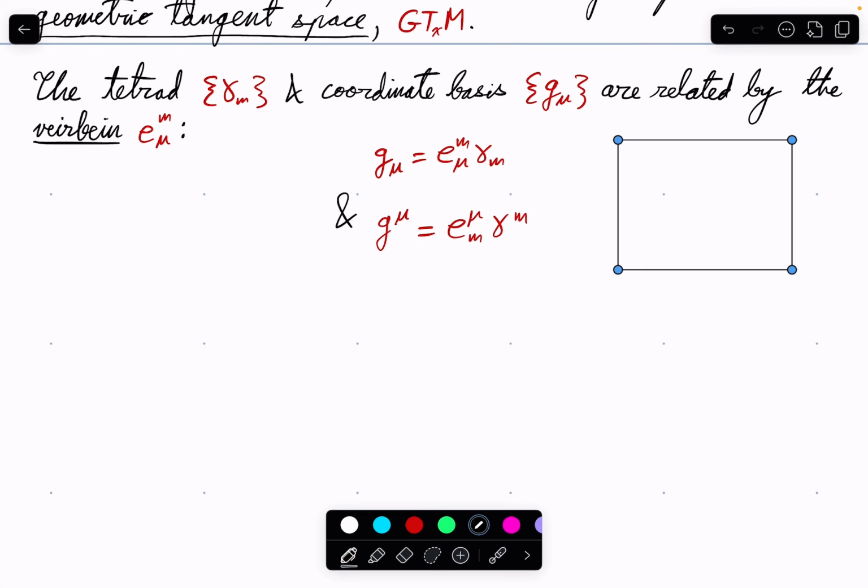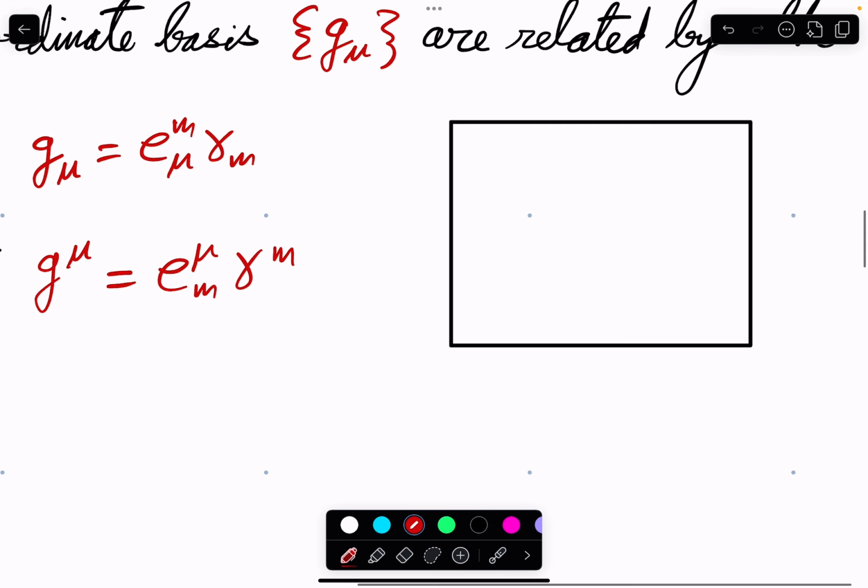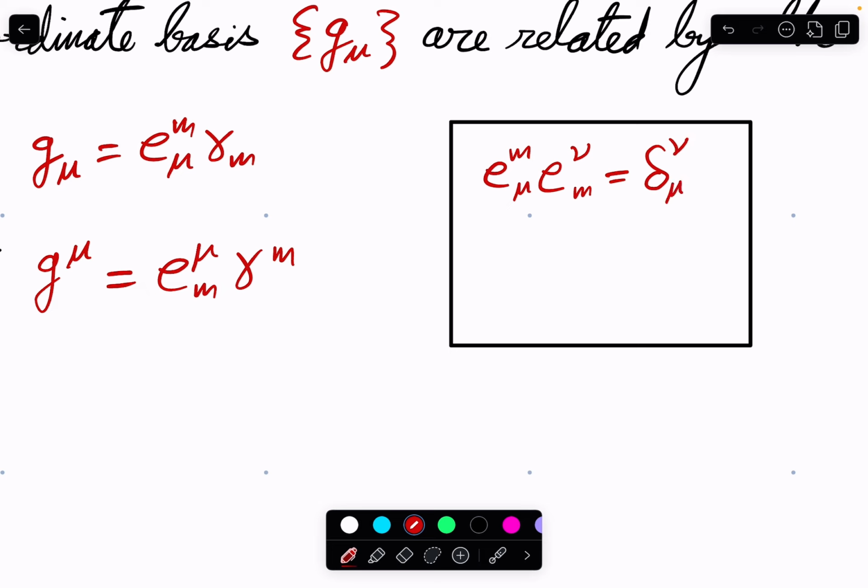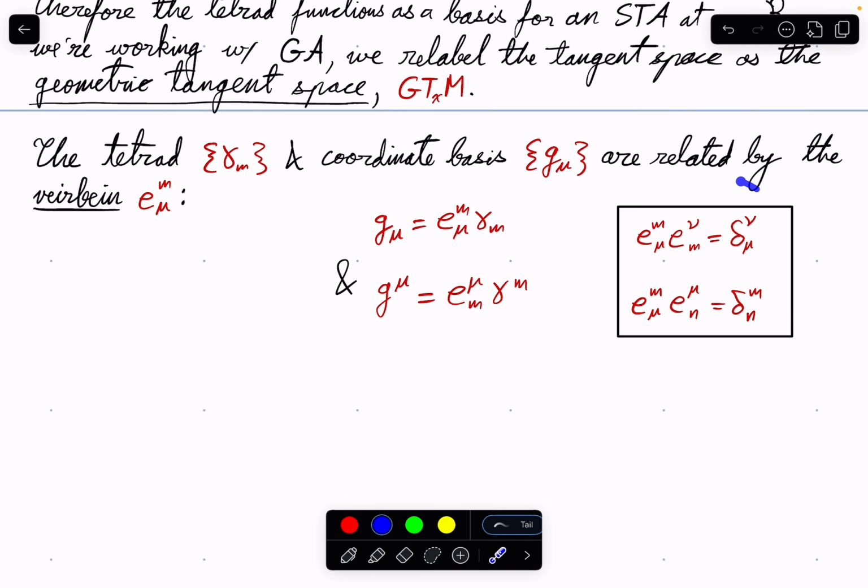And there are some neat little properties that are satisfied by this, namely that e^m_mu times e_nu^m is going to just give you the Kronecker delta of mu nu, and e_m^mu times e^n_mu is also just going to be the Kronecker delta. So there are these properties here, which are implicitly defined here.